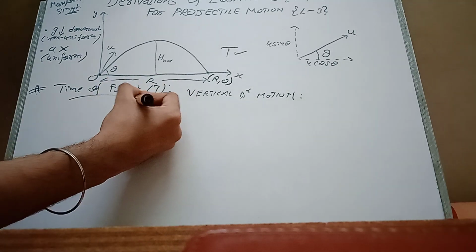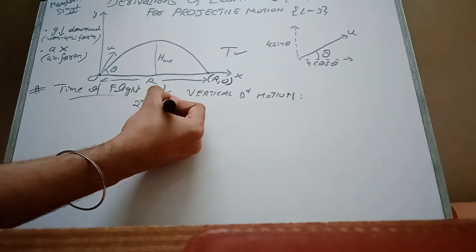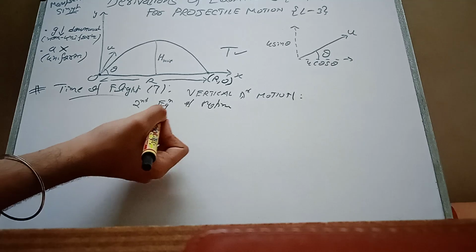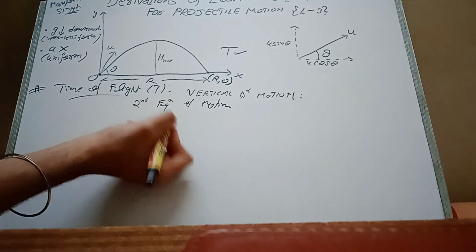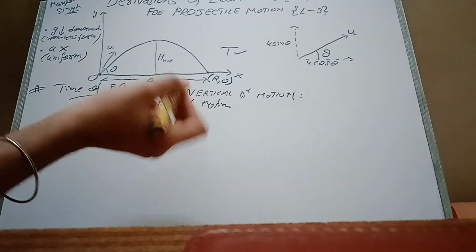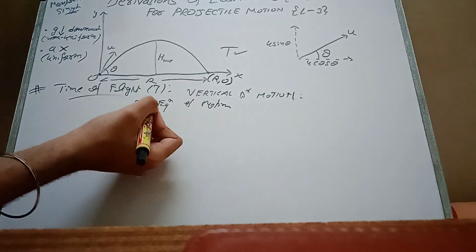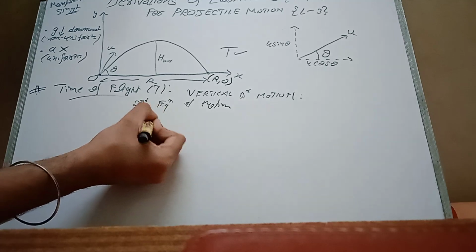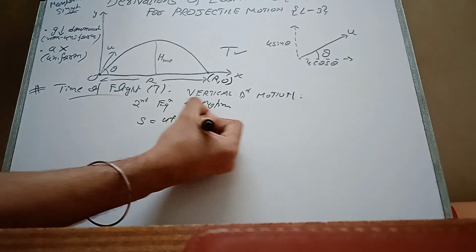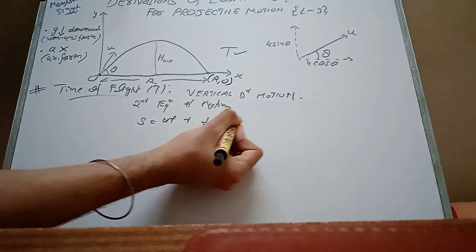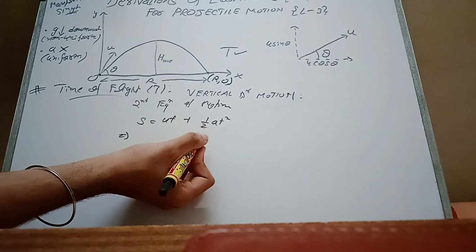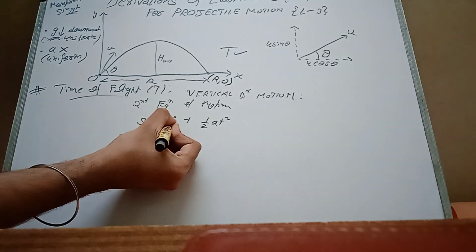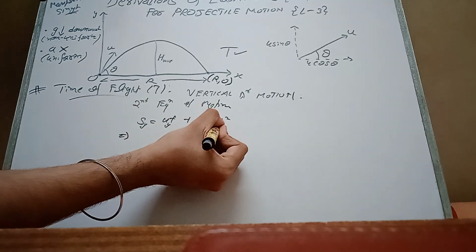So by the second equation of motion, what you get is, my handwriting is very bad, please bear with it. The second equation is s equals ut plus half at square. You have to find the t. S in y direction, u in y direction, a in y direction.